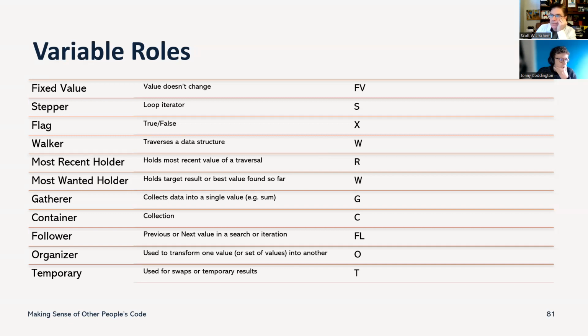All right. Okay, so we've got this first thing that's a randomizer. My guess is that would be an organizer that sort of transforms, so you're creating a random value from another value.